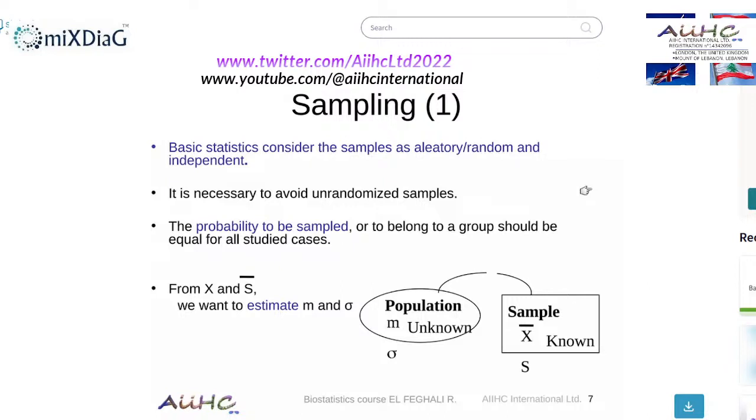So, anyway, basic statistics consider the samples as aleatory, random, and independent. Which means we consider at the beginning that the samples don't have any relation between each other. So, for example, we won't use the same subjects in sample A and sample B. Sample A and B have different subjects: subject A, B, C, D, E till Z, and then we go A0, A1, A2, and so on.